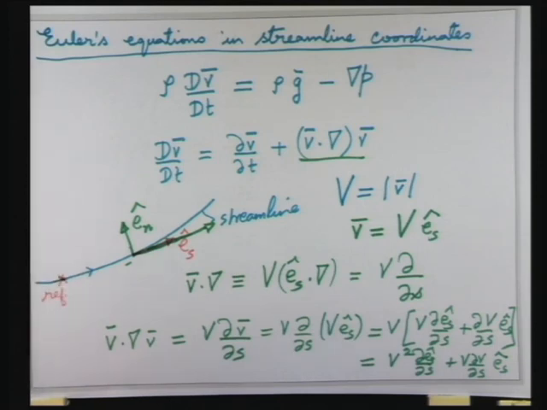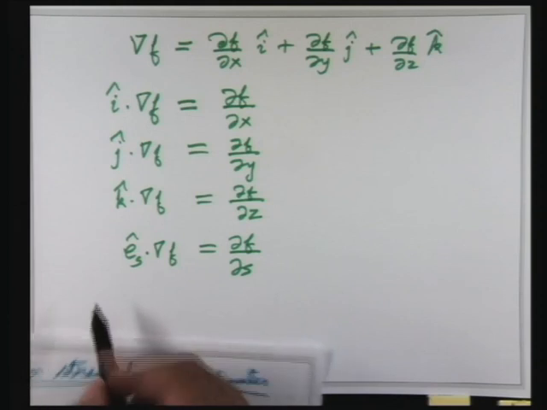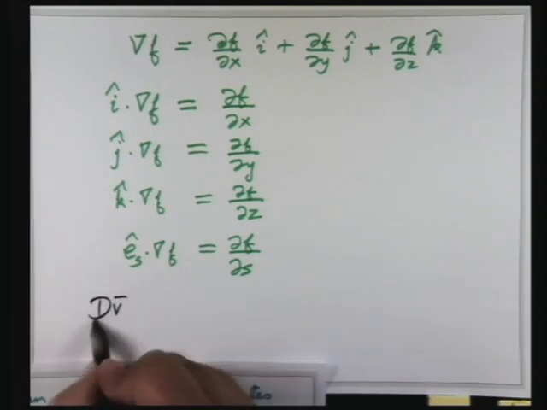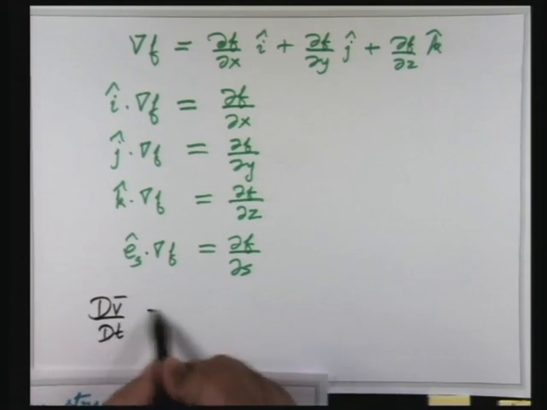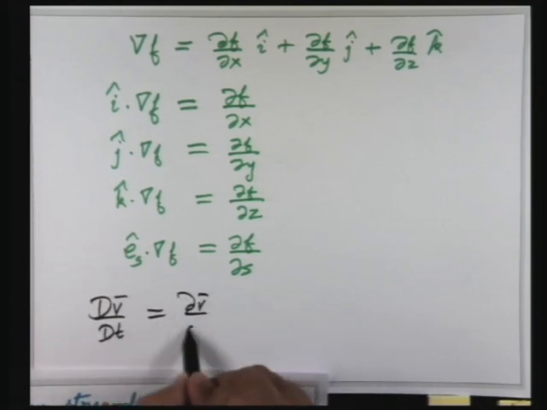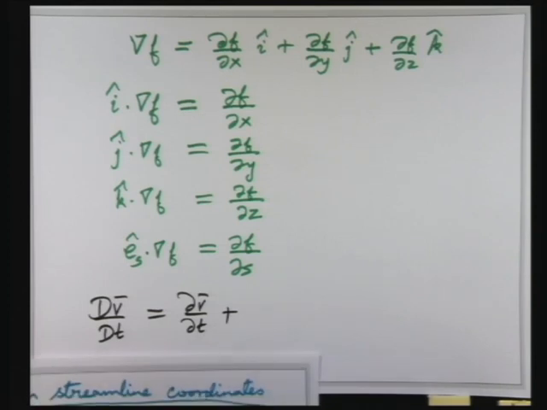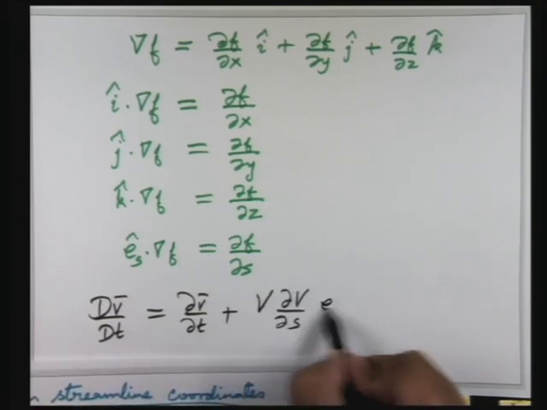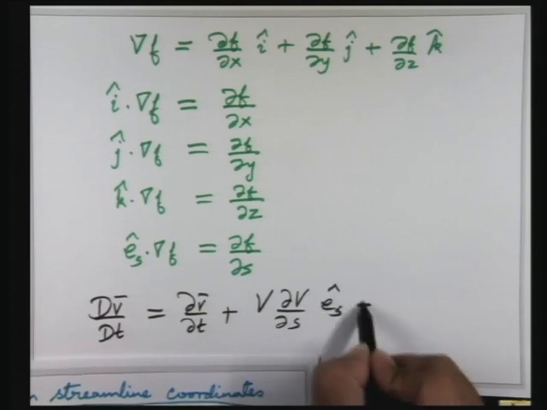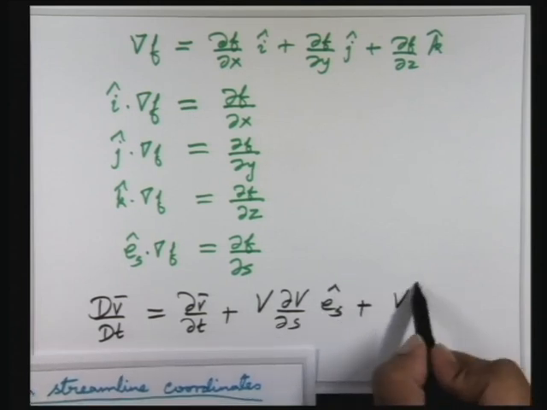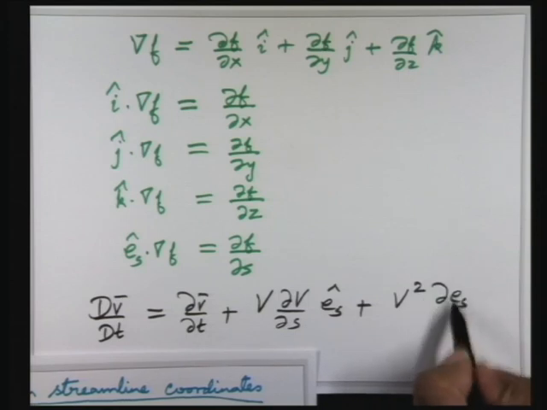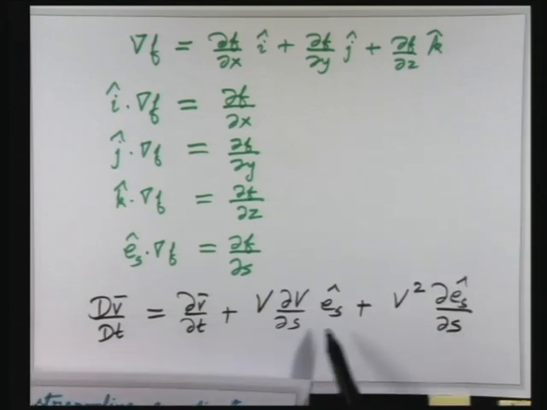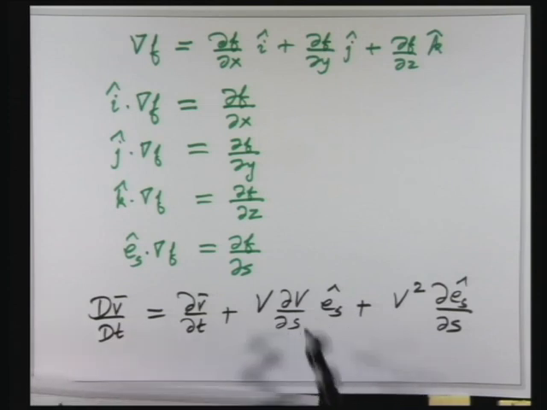So if we go back and look at the acceleration term, say dv dt, it has the temporal part which is del v del t, and now you are going to have v del s es and v squared del of es del s. So the convective part now I am writing as two terms.